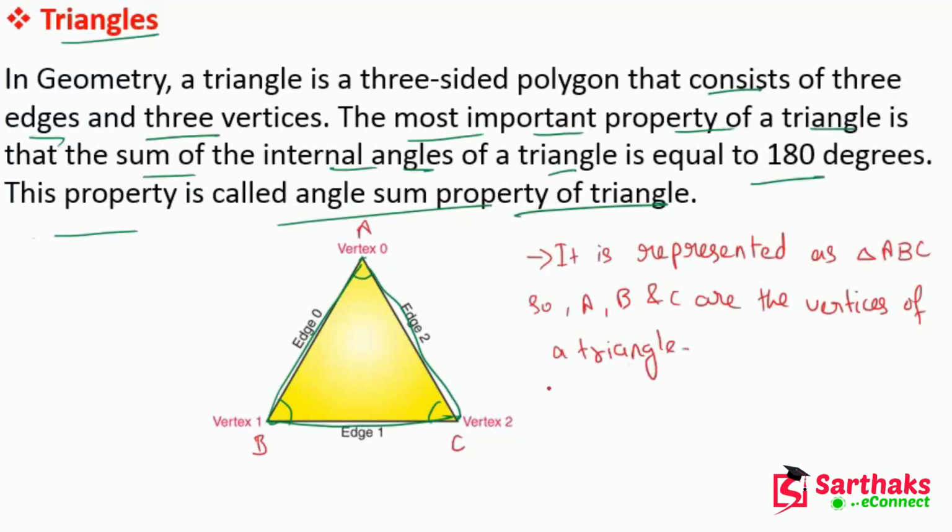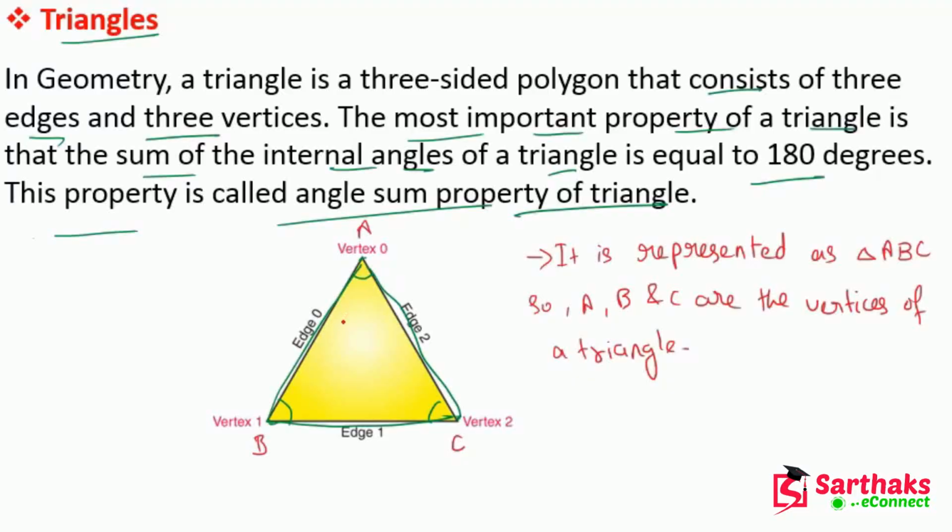So a triangle is a two-dimensional shape in Euclidean geometry, which is seen as three non-collinear points in a unique plane. So these are non-collinear points.